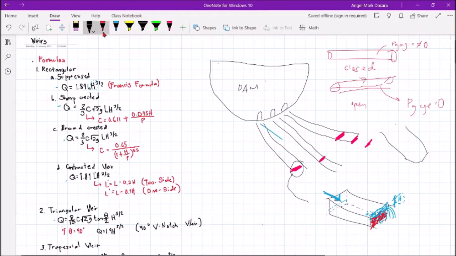Trapezoidal channel, then, ang weir niya is like contracted rectangular, parang ganito. Ganyan ang weir niya. Tapos, it's a series of weirs. I think tatlo. Sa isang channel, may tatlong ganyan na weirs. Okay, that's to better control the flow. Okay, so yun. That's the use of weir.